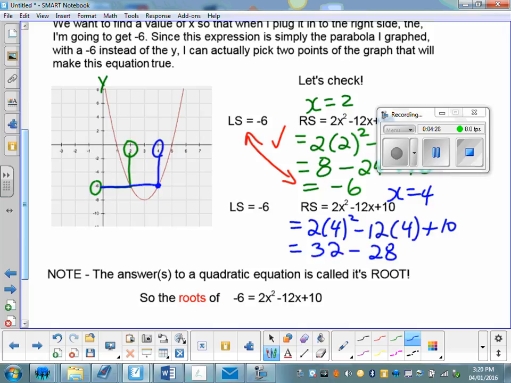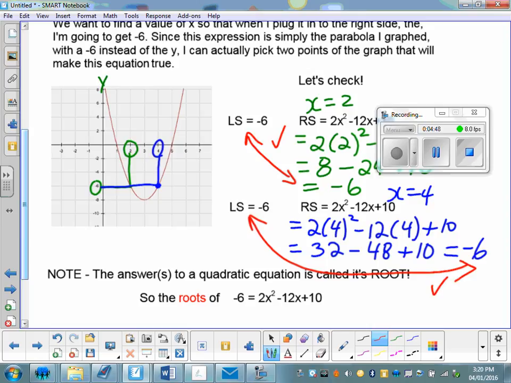And that'll be minus 48, sorry, 12 times 4 is going to give me 48. And then plus 10. And when I calculate all those, I get -6. So same thing happens. When I plug 4 in for x, it's equal to -6.